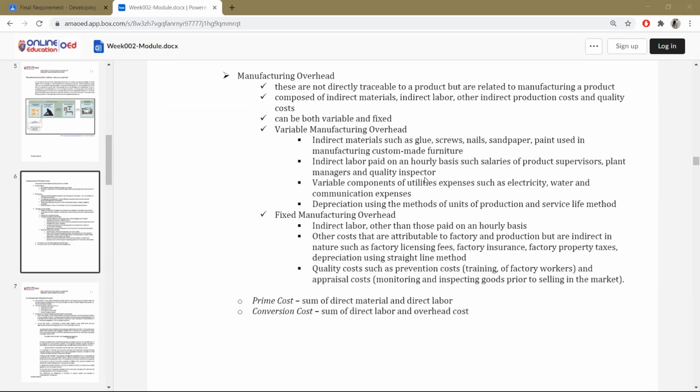They are in the factory, but they are not directly related with the hands-on manufacturing of the product because they are tasked with overseeing the laborers. So they are not considered direct labor. It's part of indirect labor, which is a variable manufacturing overhead. And then variable components such as utilities expense, of course, are part of variable manufacturing overhead.